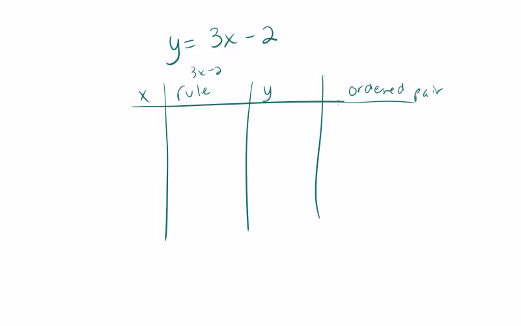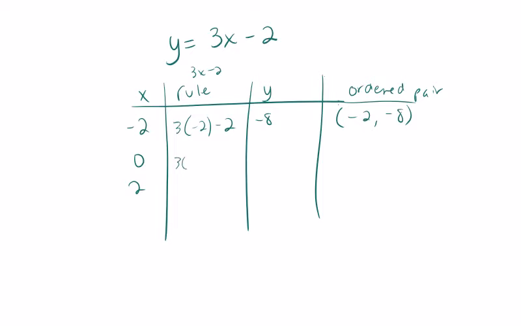Okay, if x is, and x can be any number, right? Usually they might tell you. So let's do negative 2, 0, and 2. So 3 times negative 2 minus 2. 3 times negative 2 is negative 6, minus 2 is negative 8. So the ordered pair would be (negative 2, negative 8).